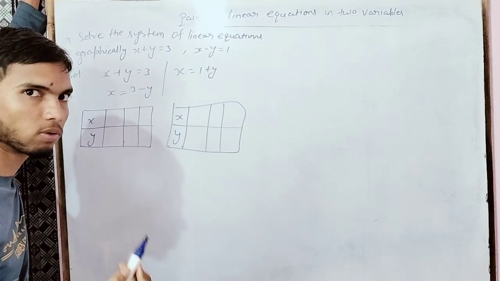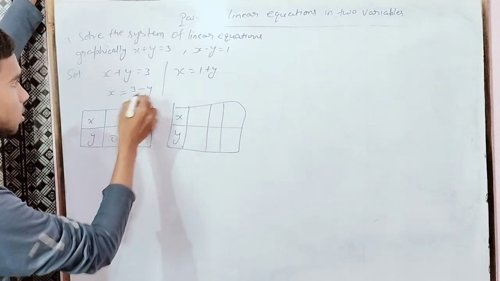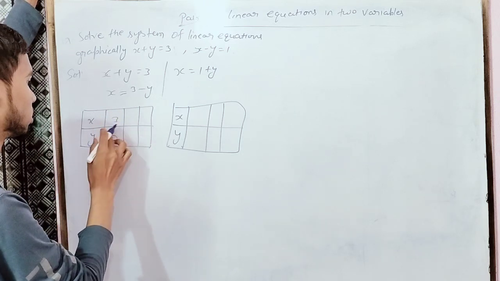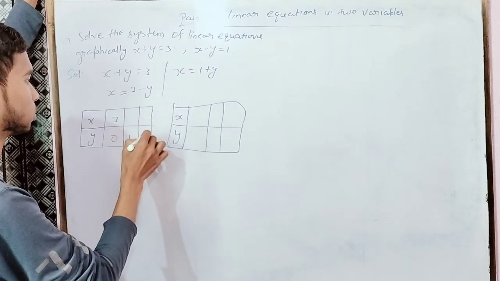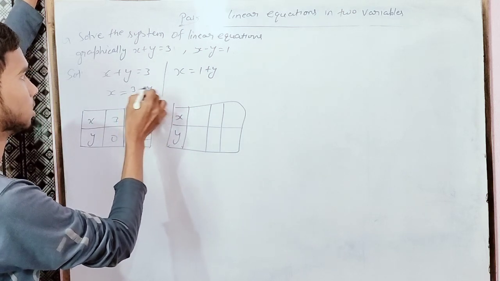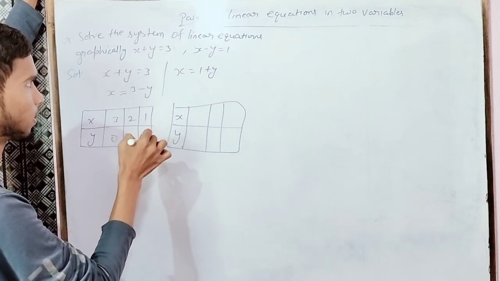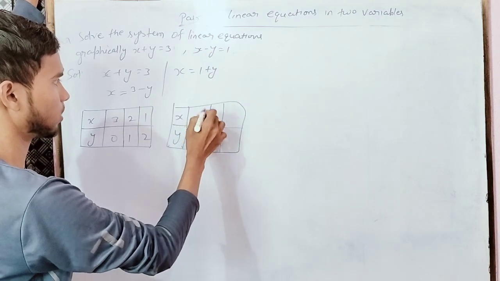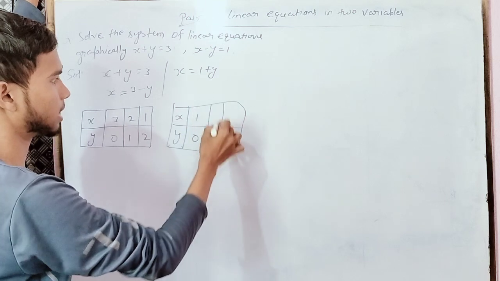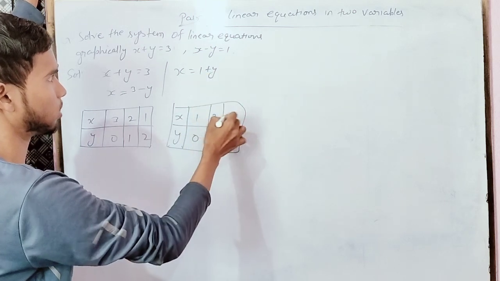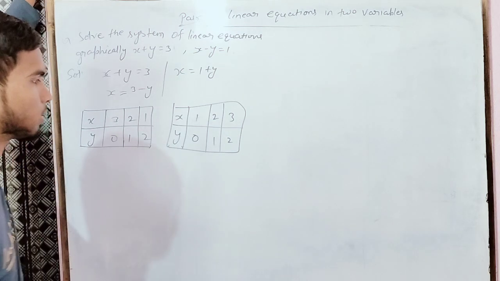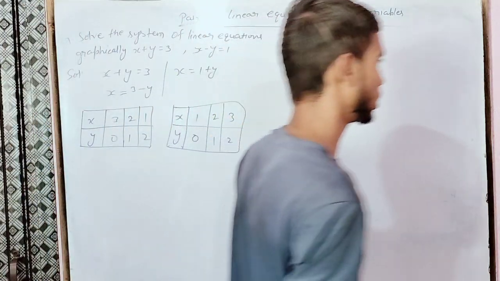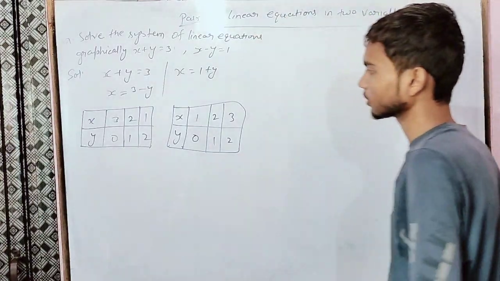So if I put y as 0, then x will be 3. If y is 0, then x will be 3, then y as 1, x will be 2, and y as 2, x will be 1. We have found 3 solutions of a pair of linear equations.